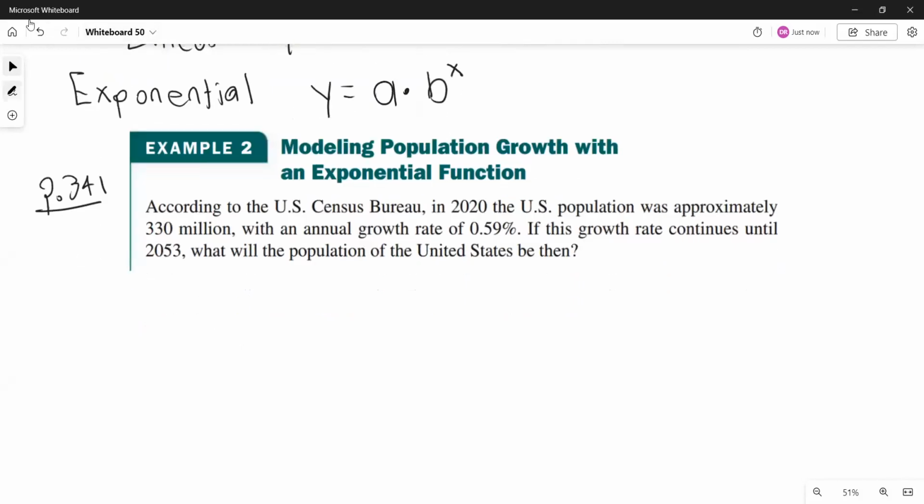Okay, so initially in 2020, that's going to be the initial year, the population was approximately 330 million, with an annual growth rate of that percent. And what happens if the growth rate continues until 2053? So instead of a principal, we have an initial population.